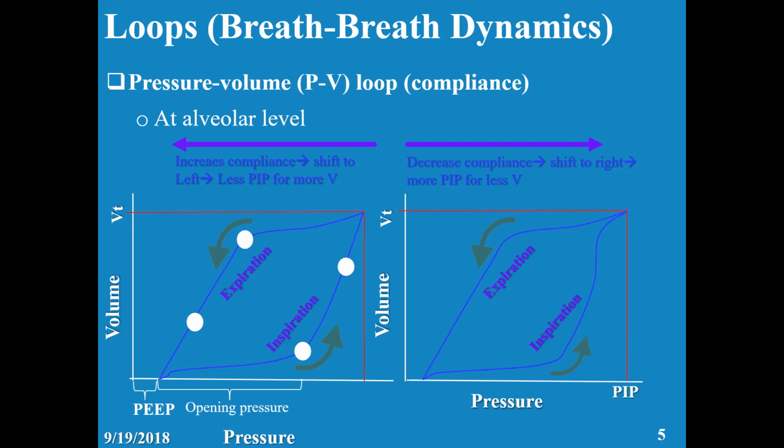Is that clear? Yes, good. Okay, so now we'll make it more complicated. At this area, where after the pressure reaches maximum there is no change in volume, we call it overinflation, overdistension. At this point, where there is a little bit of change in volume, we call it underinflation.